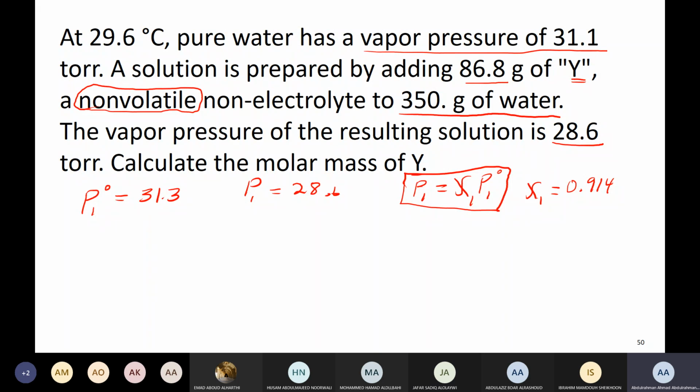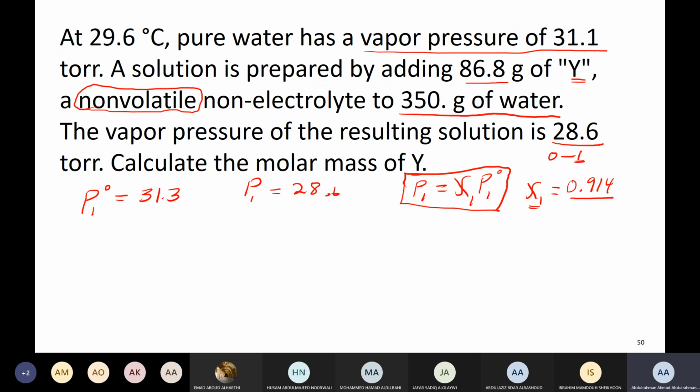Is this a possible answer? Yes. X1 must always be what? Between 0 and 1. It could be 0 and it could be 1, but that's it. If it's 1, this means there is nothing in it, it's pure water. But any answer between 0 and 1 is acceptable.